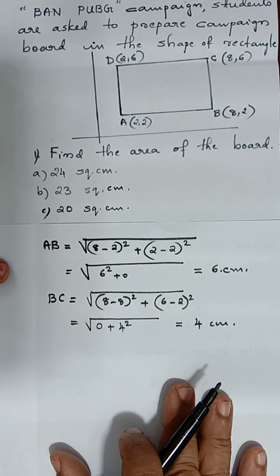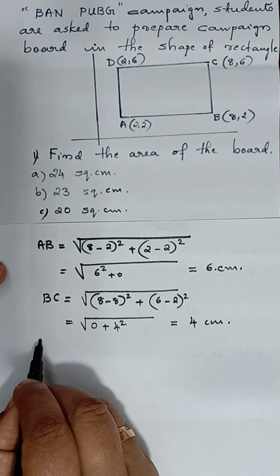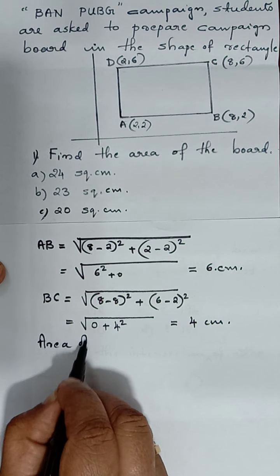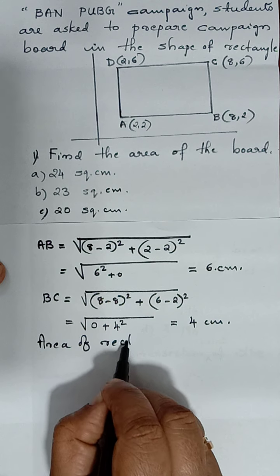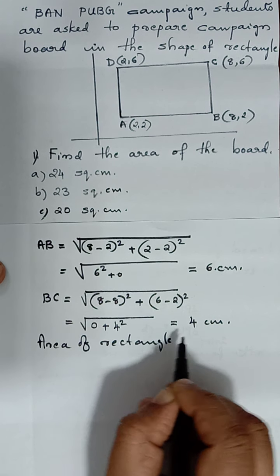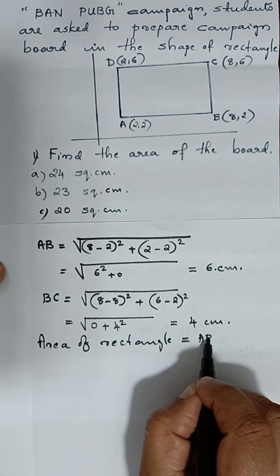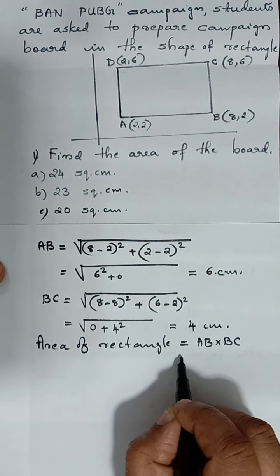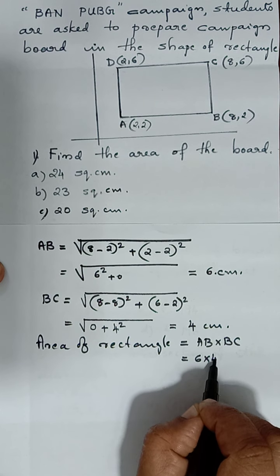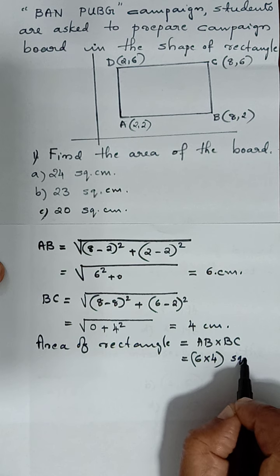Therefore, we can write area of rectangle equal to AB into BC. 6 into 4 square centimeter.